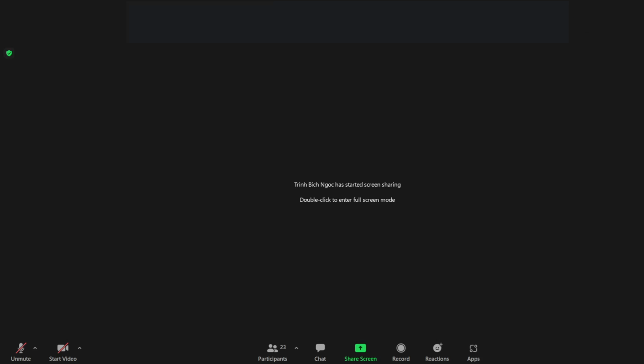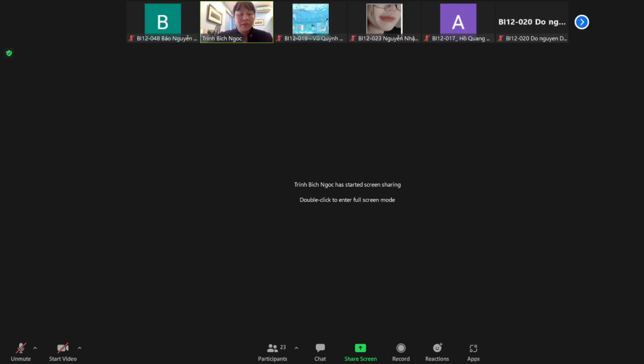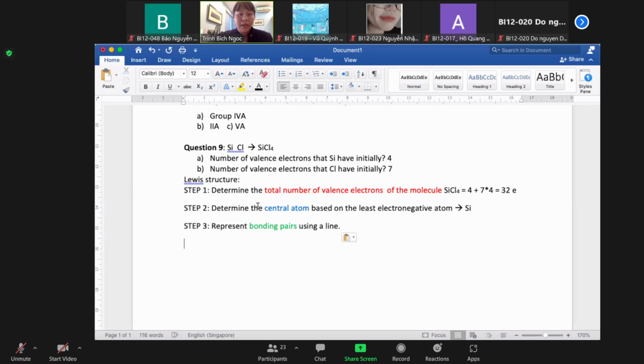We come back to our steps. So I will send you step 4. You have to distribute the electrons on the terminal atoms. You will distribute the electrons on the more electronegative atom first, and then excess electrons are placed on the central atom.